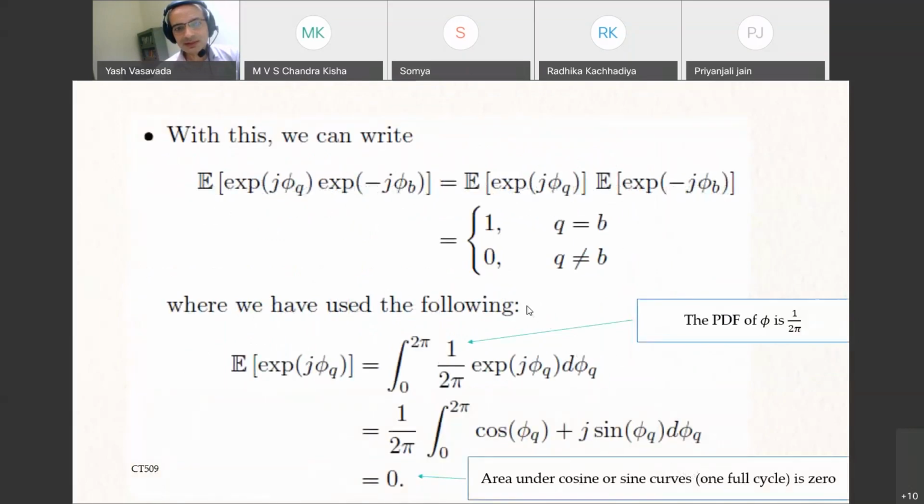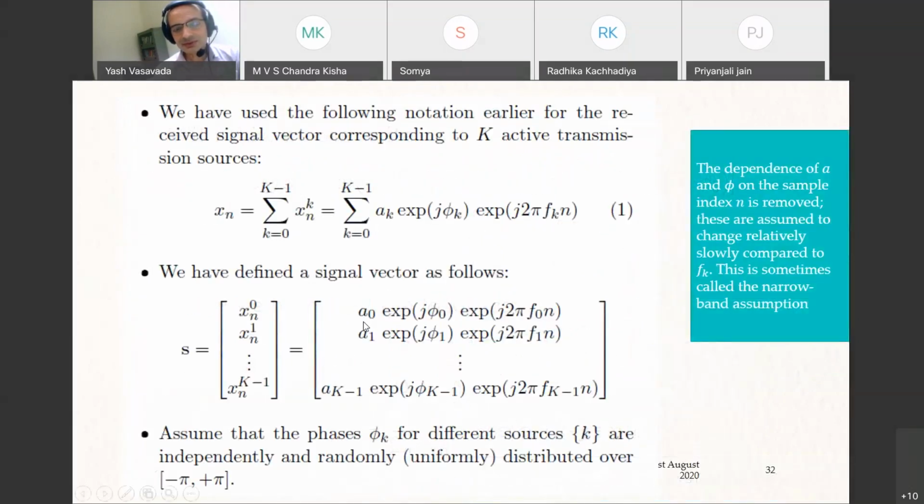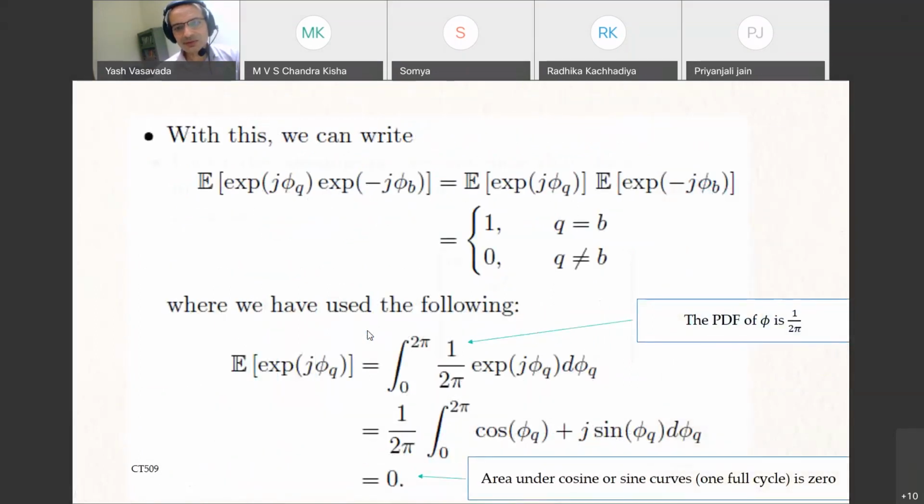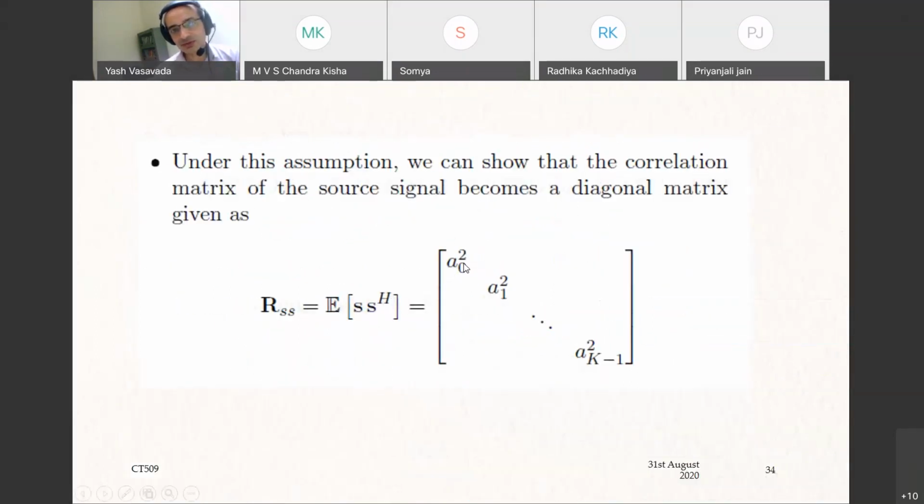Remember these A values are, by the way, not complex numbers. These are the magnitudes of this entire complex number. So these A's are real values, and so I don't need to take absolute value of A before squaring it. This is how the correlation matrix of S looks like: a diagonal matrix whose diagonal elements are A of k squared.